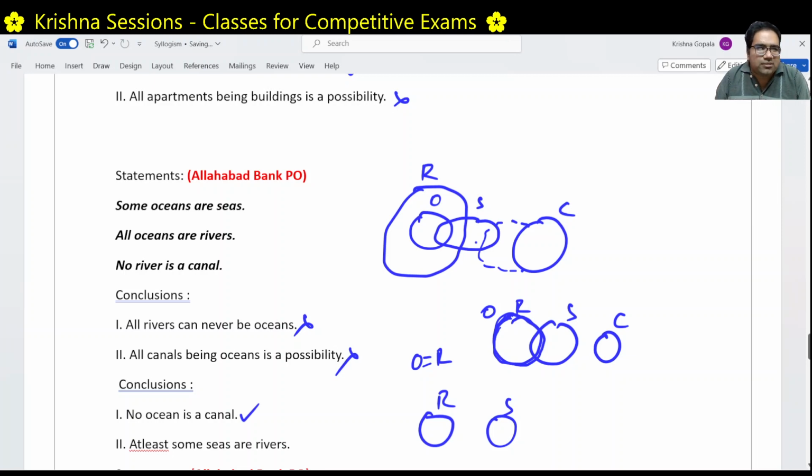So that means the part of the oceans which are becoming seas will always be rivers also. This common part will always stay within rivers only. There will always be some seas which are oceans, which are rivers. Right. So this is true.